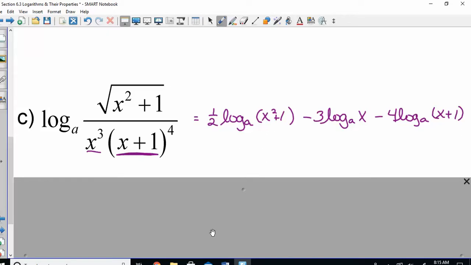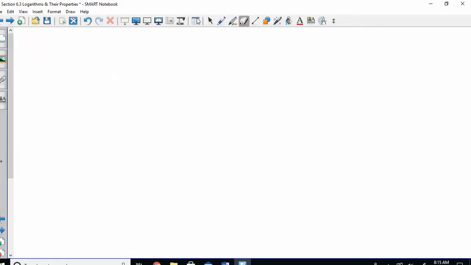Yes. Since x cubed and x plus 1 are multiplied, why isn't the last subtraction sign different? Okay. So I'm going to do a nicer example to illustrate that, if that's okay. If I just said log of 5 over 3x.